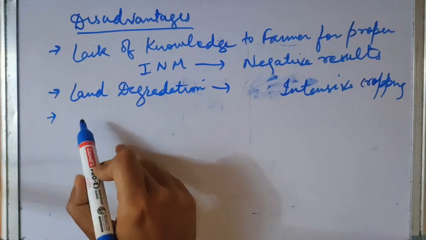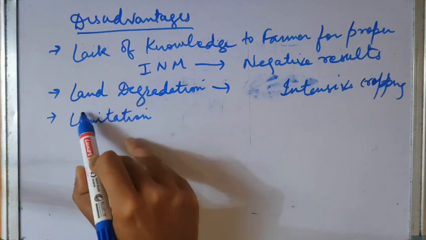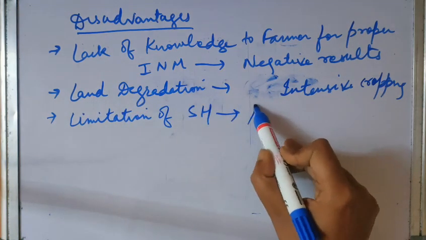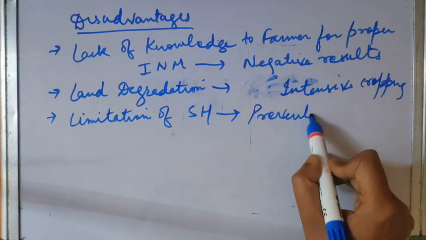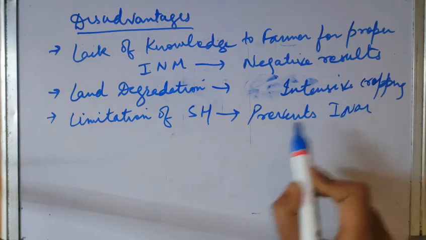Limitations of small holding. Small land holdings prevent INM. Small farmers are not able to do INM in a much better way.